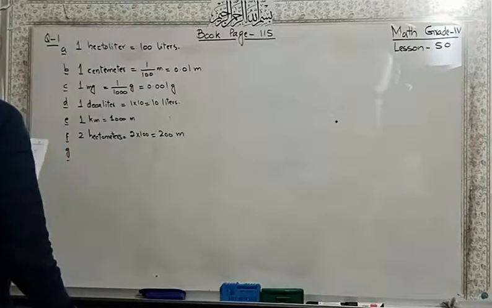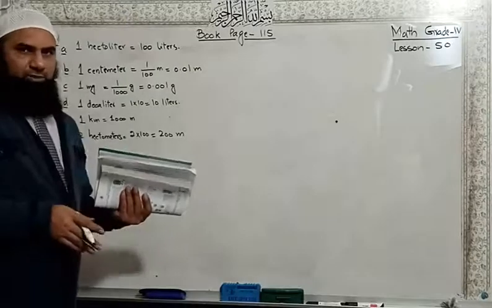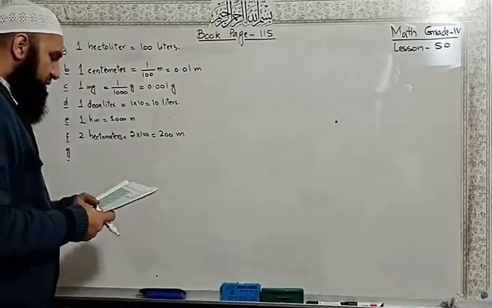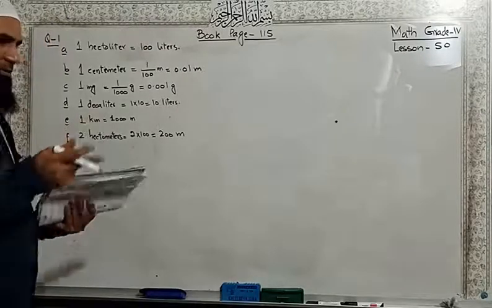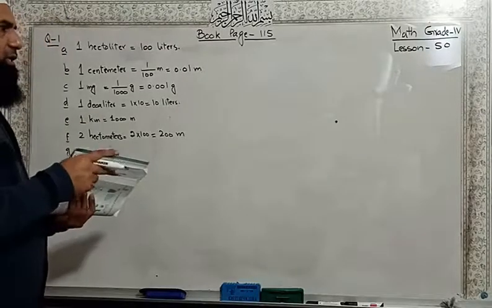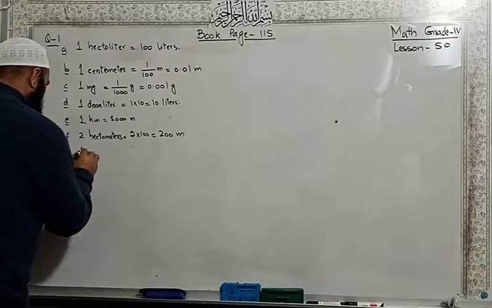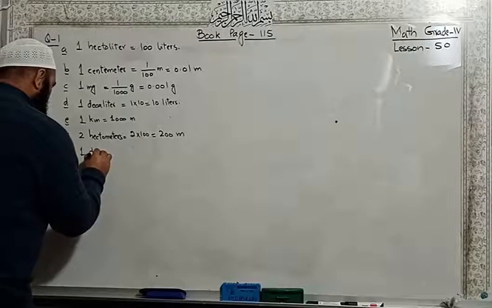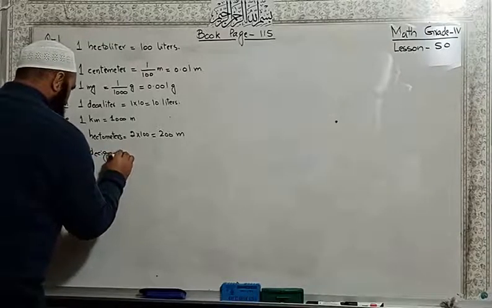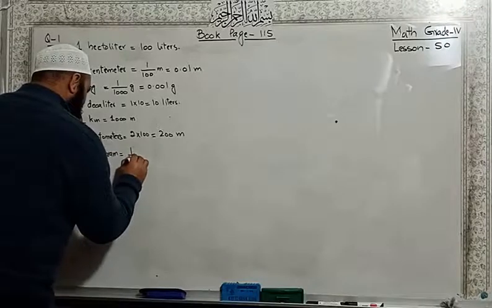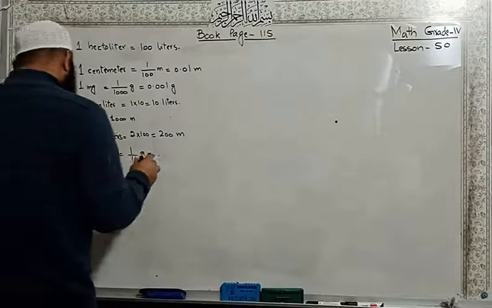Number G. 1 decigram. Deci means smaller unit, division by 10. The deci of gram will be equal to 1 over 10th part of the gram. This will be equal to 0.1 gram.